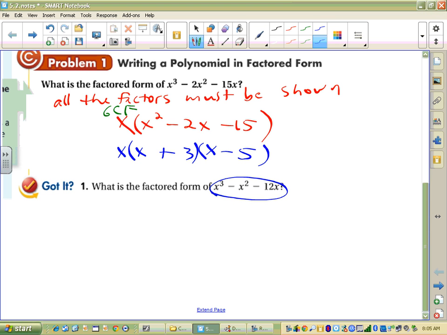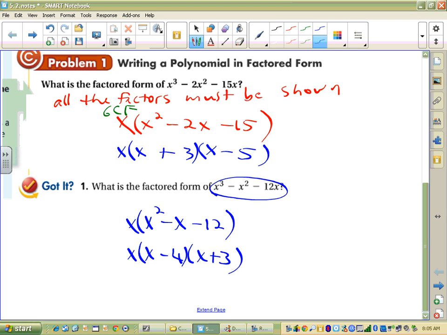Remember a couple weeks ago, I spent a day in class talking about all the stuff you should be doing, right? Get out a sheet of paper and write this down. X times x squared minus x minus 12, okay? Before you go to Math Excel and try to enter this, x times x minus 4 and x plus 3. Okay. Are there any questions about either of those two problems there?